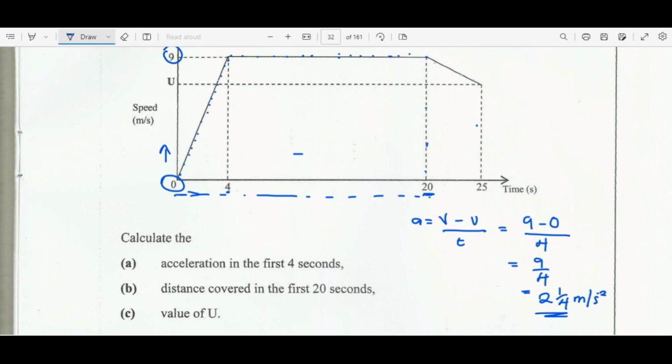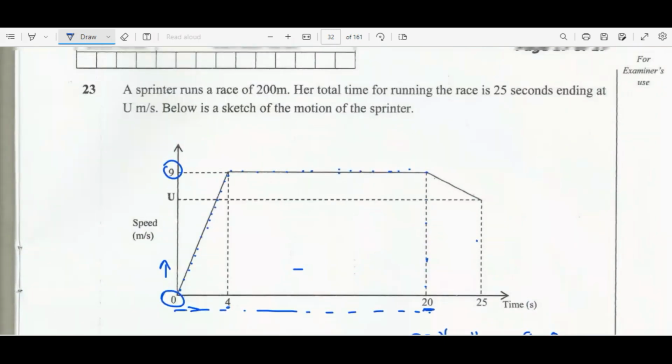Now how do we handle such a question when it comes? In this case, if you want, you can write: the distance covered in 20 seconds.